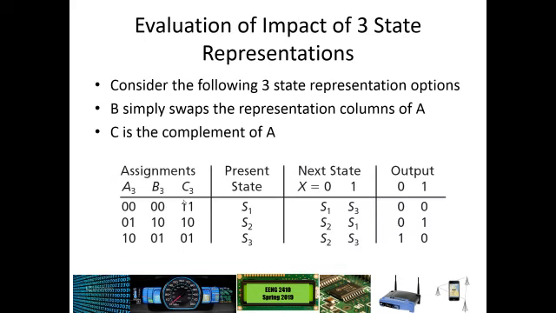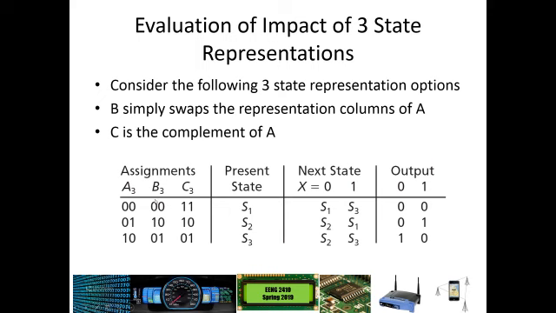And so let's evaluate 3 different state representations and just see what might come of this. So we see assignment A. We could have S1 represented by 0 0, S2 represented by 0 1, and S3 represented by 1 0. We could also do the same thing here in B with 0 0, 1 0, and 0 1.